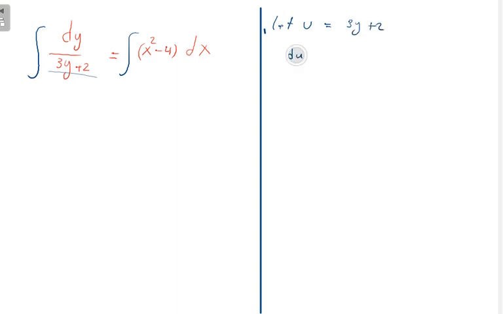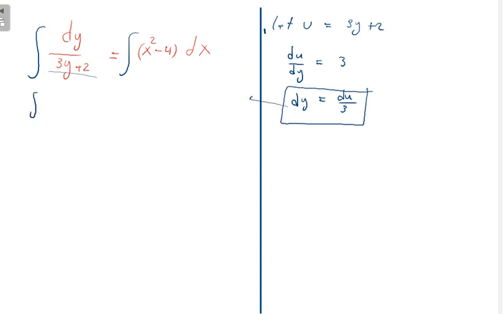So I take the derivative of u with respect to y: du over dy equals 3. So dy equals du over 3. Let's substitute this here.